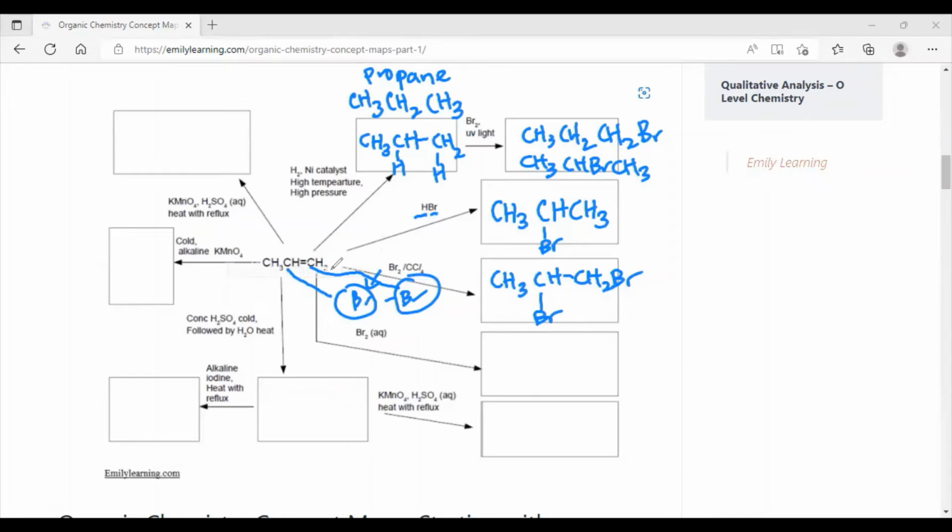So we have looked at propene undergoing electrophilic addition with bromine in an inert solvent like tetrachloromethane or CCl4. Next, let's look at what happens if propene undergoes reaction with aqueous bromine.